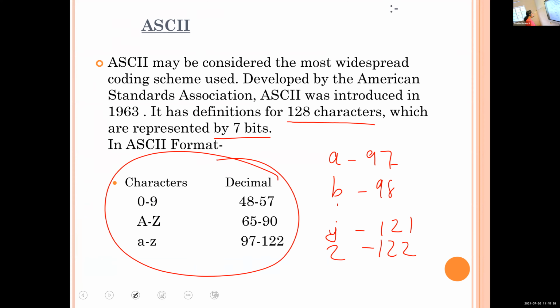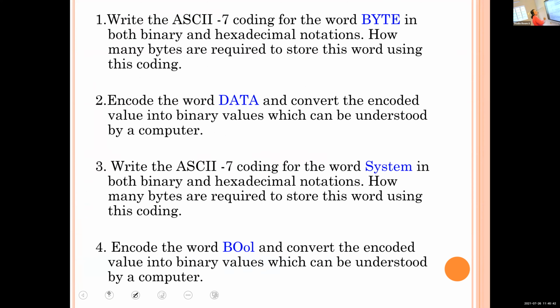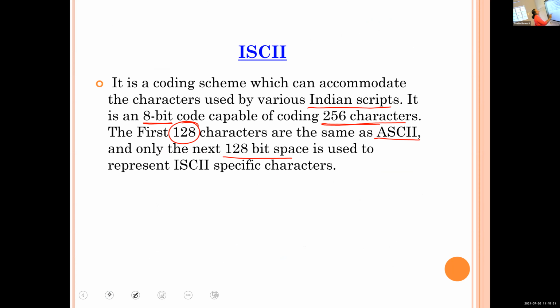The problems and questions based on ASCII are also important. For ISCII you must learn the expansion by heart, then how many characters, 256 characters, and that 8 bits are used. These are the 2 important points.